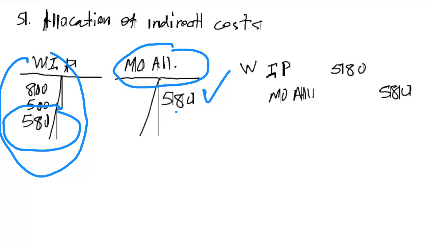Now look at the journal entry here. So I debited again work in process 580, and I credited manufacturing overhead allocation by 580.